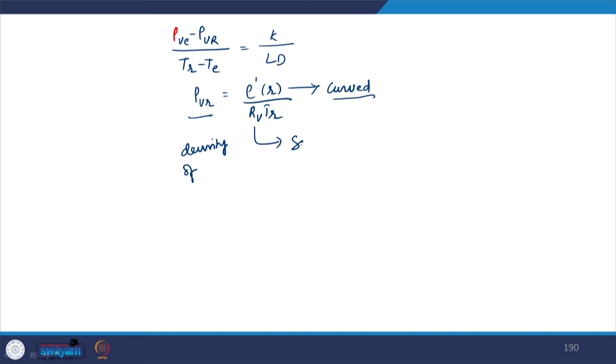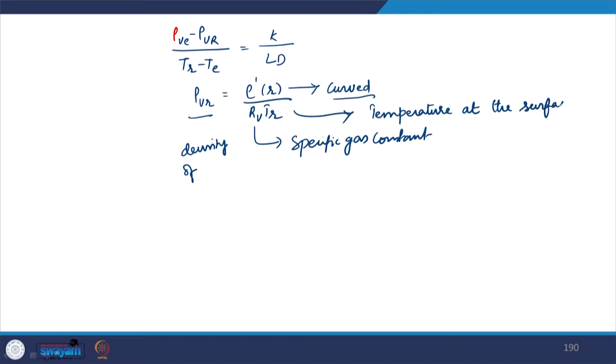This is the specific gas constant, and T, of course, is the temperature at the surface of the droplet, right.